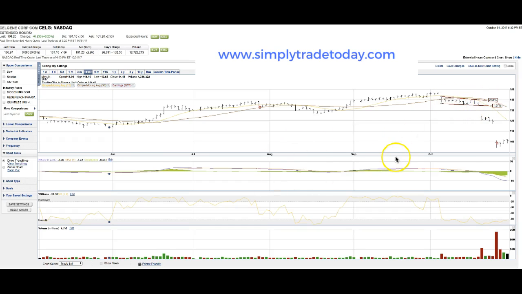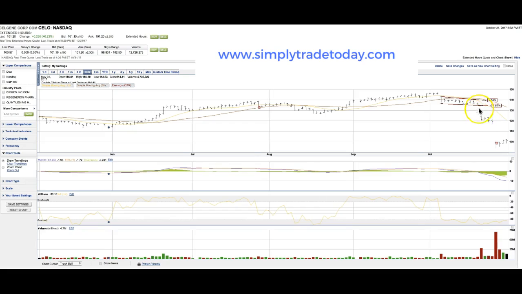So then, here where it gapped down again, I would check the news and find that around October 20th, it announced that they were halting their Crohn's disease trials, their trial drug. And so that really gapped it down, and again it kind of got stuck in this little channel here.